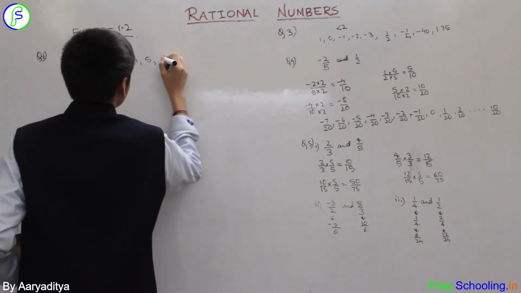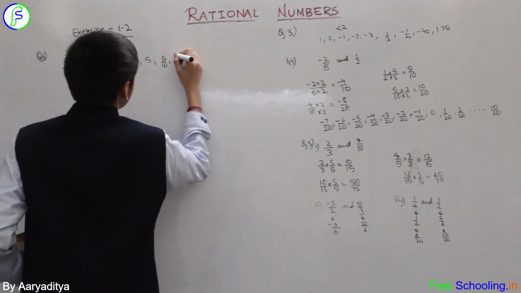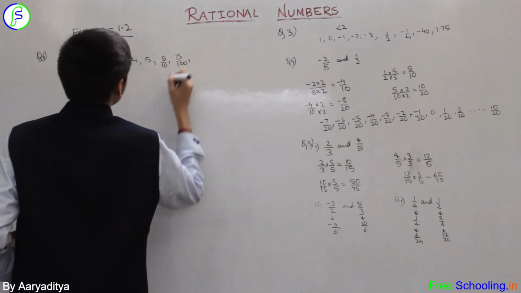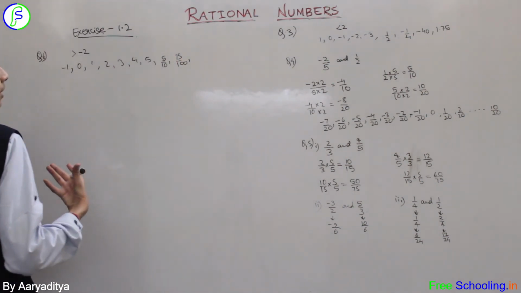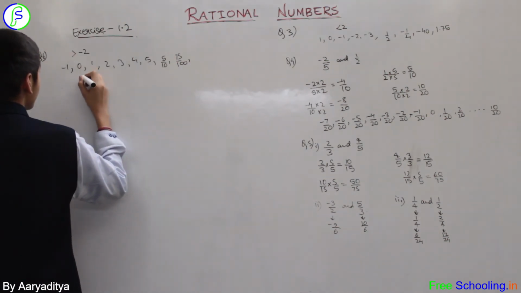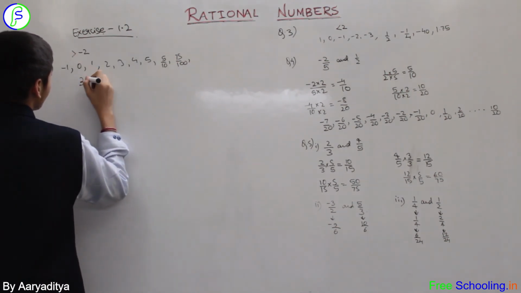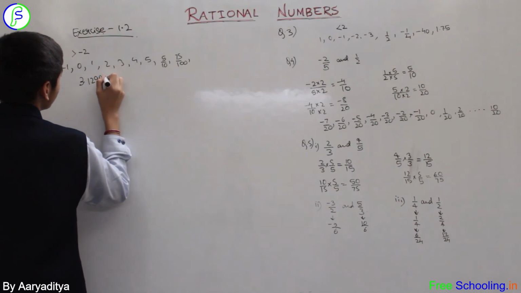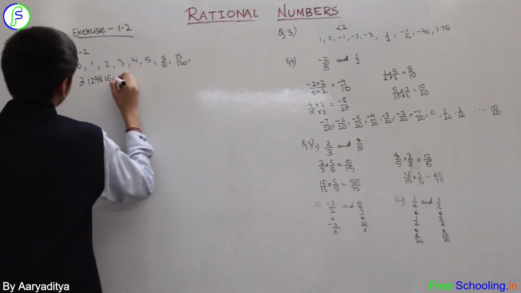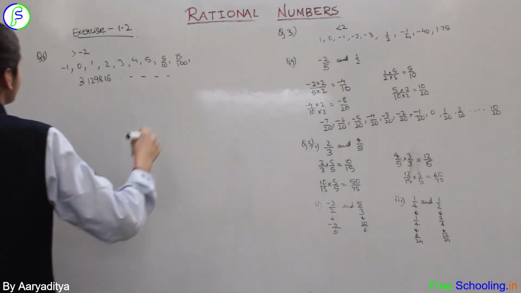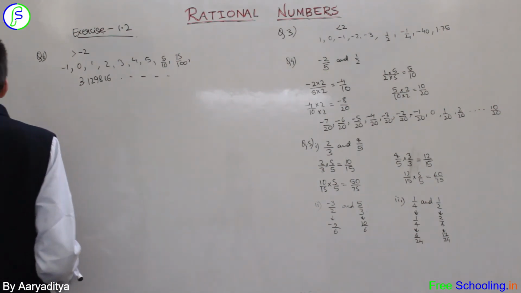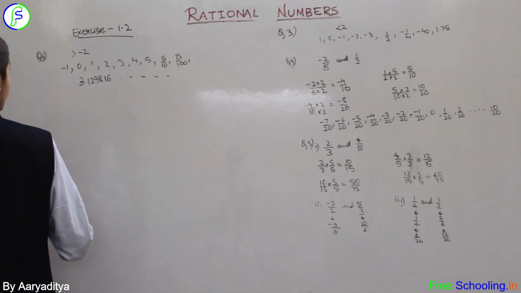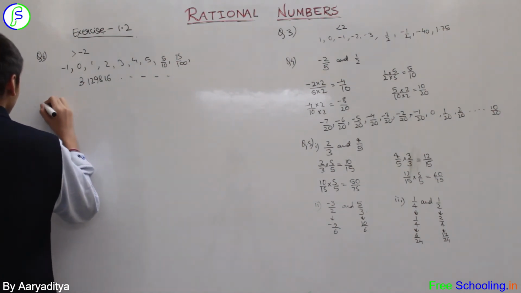You can take 5 by 10, you can take 75 by 100, and also we can take any of the decimal numbers. So I can have 3.1298816. So there are many rational numbers that you can find, and the question said to find any 5 rational numbers greater than minus 2.